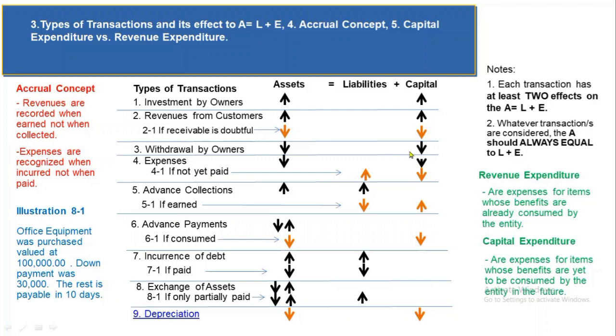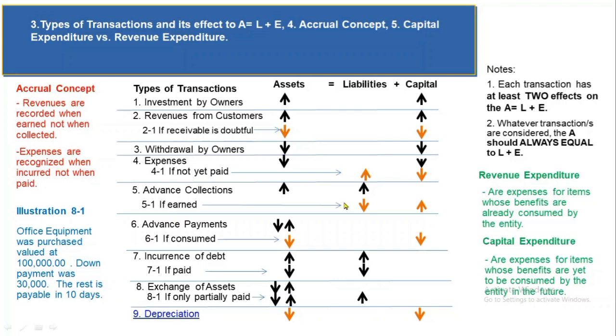So, we are back on this slide in order to tell you one thing, and that is, these transactions related to these arrows with orange colors are to be recognized usually at year end. For example, these doubtful accounts are to be estimated usually at the end of the year. Of course, if there are revenues that are already earned but the customers did not pay yet, or accrued revenues, those are to be traced at the end of the year, as well as your accrued expenses.